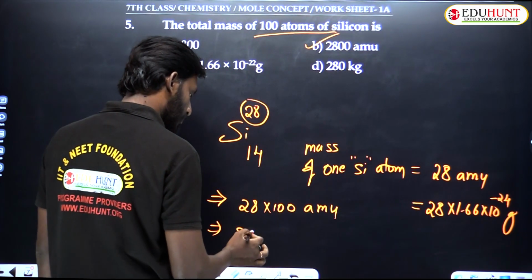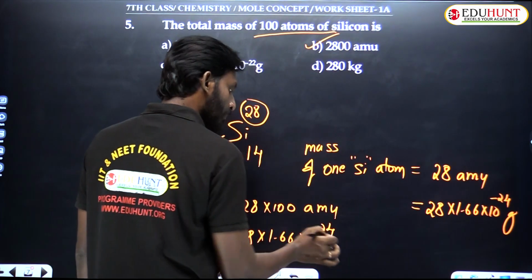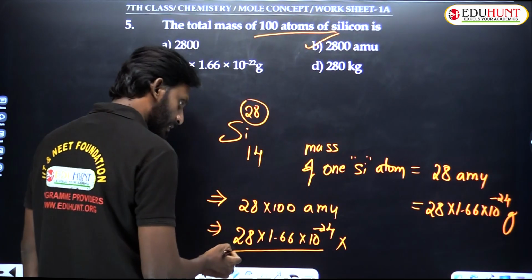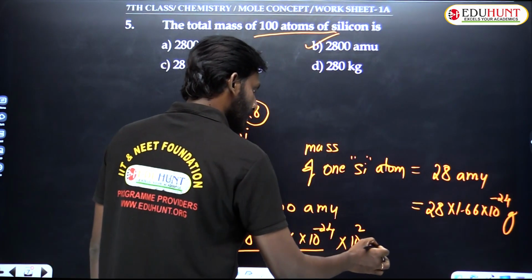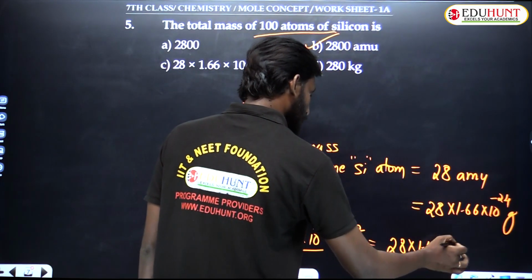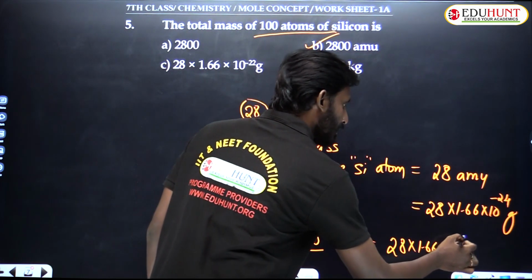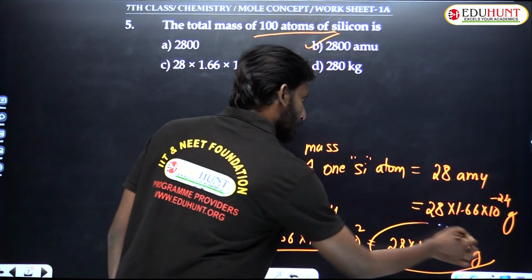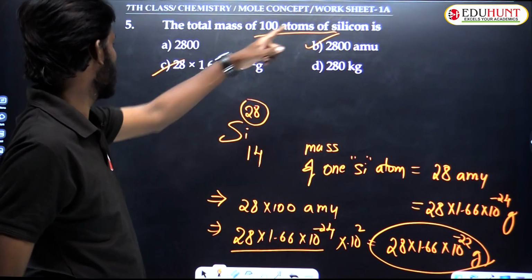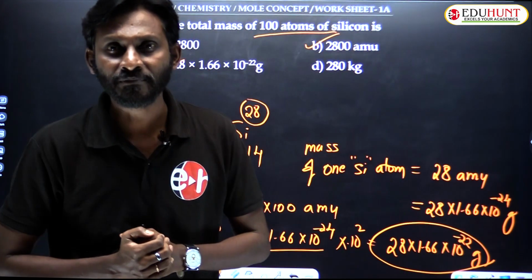Mass of one atom in grams, 28 into 1.66 into 10 power minus 24 grams into 100. You are getting 28 into 1.66 into 10 power minus 24 into 10 power 2, that is 10 power minus 22 grams. This is the mass of 100 atoms. So both options, option B and C are correct. I hope all of you got this.